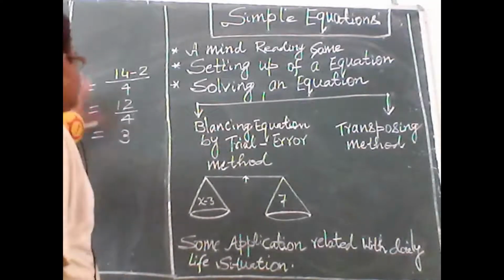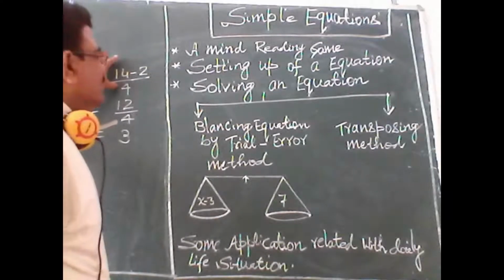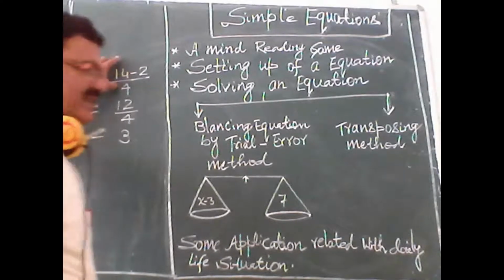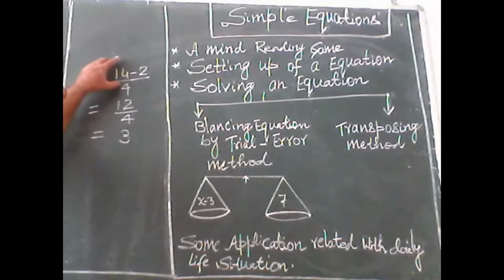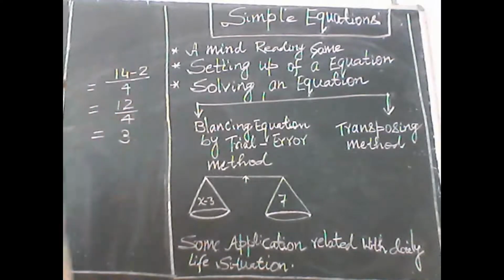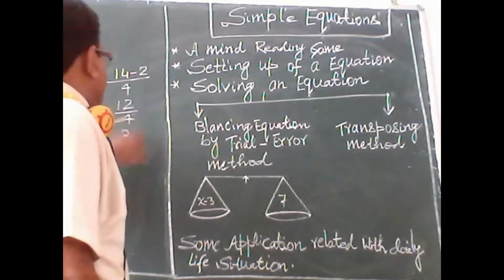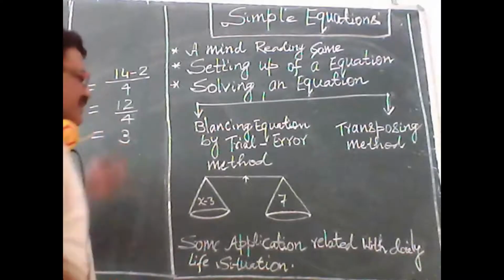So students, you can think of any number, and that number was multiplied by 4 and 2 was added. If 3 is multiplied by 4, we get 12, and we add 2, we get the result 14. So from this 14, subtract 2 and divide by 4, we get 3.